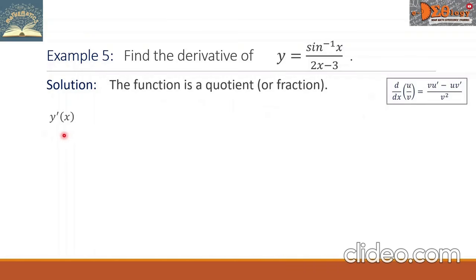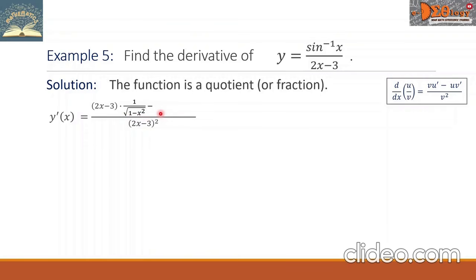Let's start taking the derivative. First, we copy this 2x minus 3 as the denominator with power 2. Then, the 2x minus 3 we will copy on top to be multiplied by the derivative of sine inverse x, and that is 1 over the square root of 1 minus x squared.